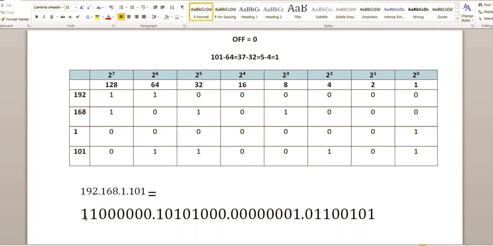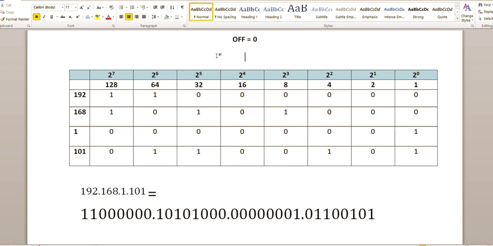We can clearly count 1, 2, 3, 4, 5, 6, 7, 8, 9, 10, 11, 12, 13, 14, 15, 16, 17, 18, 19, 20, 21, 22, 23, 24, 25, 26, 27, 28, 29, 30, 31, and 32.